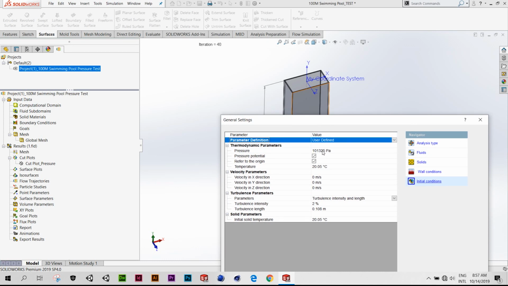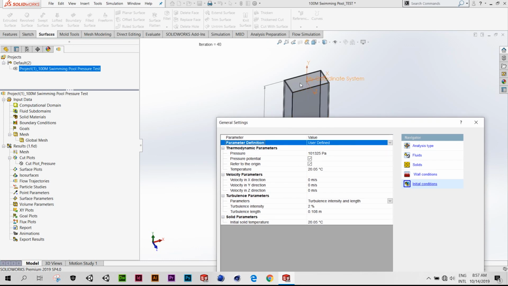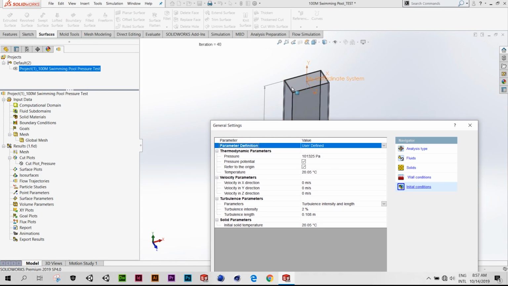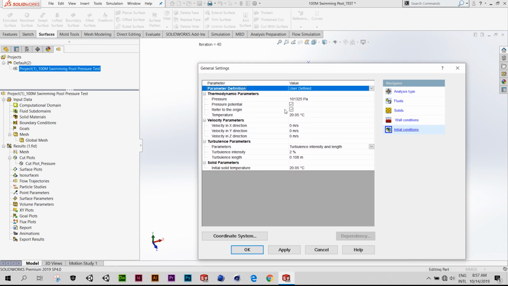For this one, at the sea level, or I mean at the water level, it should be 101,325 pascals. Most probably it is assumed that at water level it is the standard atmospheric pressure. And now, as you see, you need to check this, refer to origin.